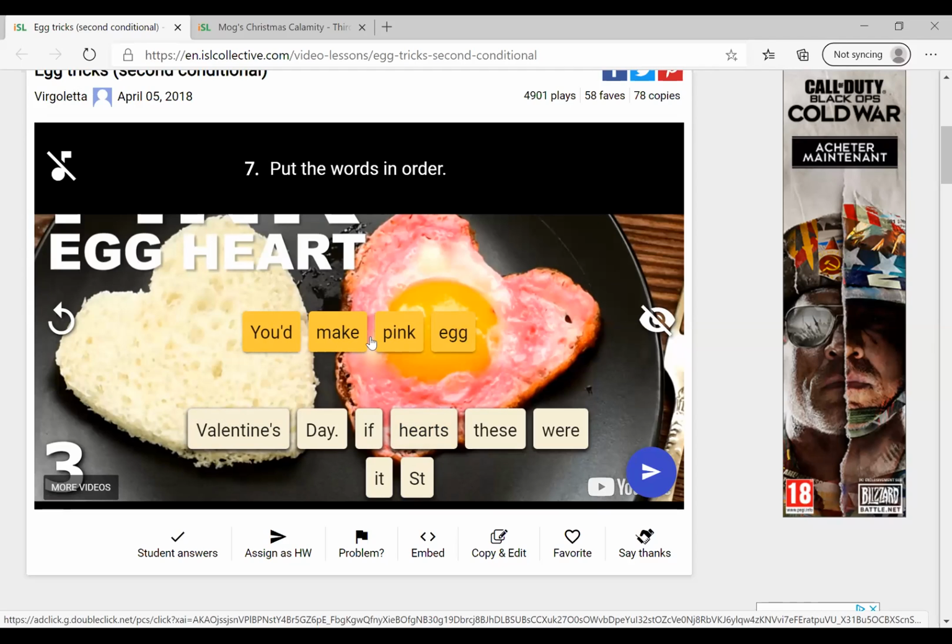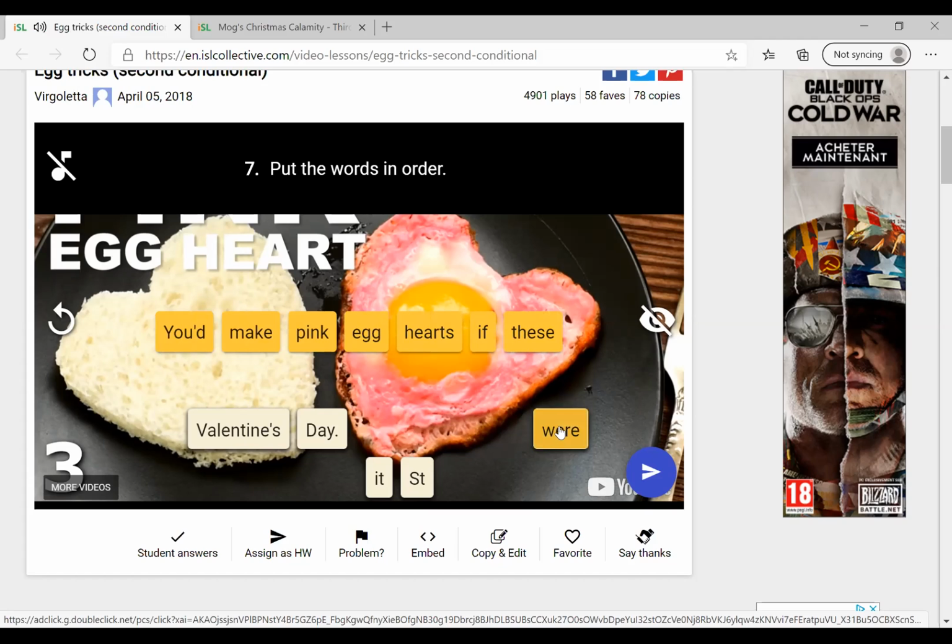So you'd make pink egg hearts if it were Saint Valentine's Day.